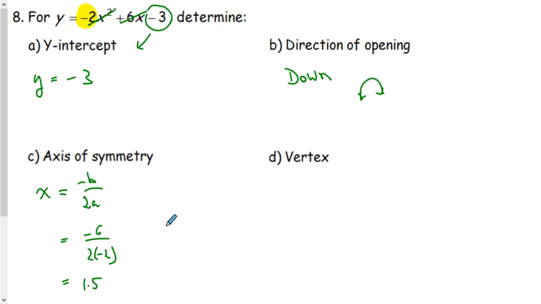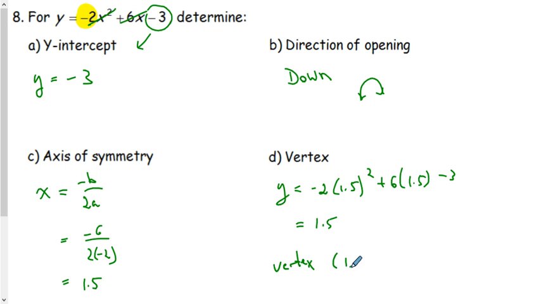Well, we've got our axis of symmetry from our equation there, so for our vertex, we just need to use our equation and sub in. When we work that out, that's just calculator work, that's 1.5. So what's our vertex? Our vertex is at 1.5 and 1.5.